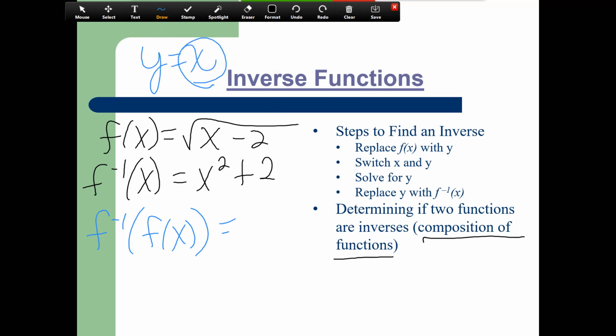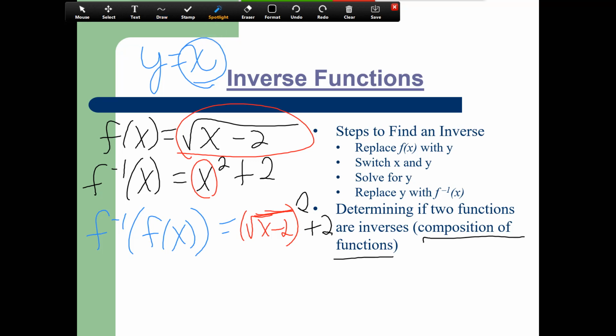We are going to take and plug this one in right here. So that's going to be the square root of x minus 2, and then that is going to be squared, and we're going to add 2 on.